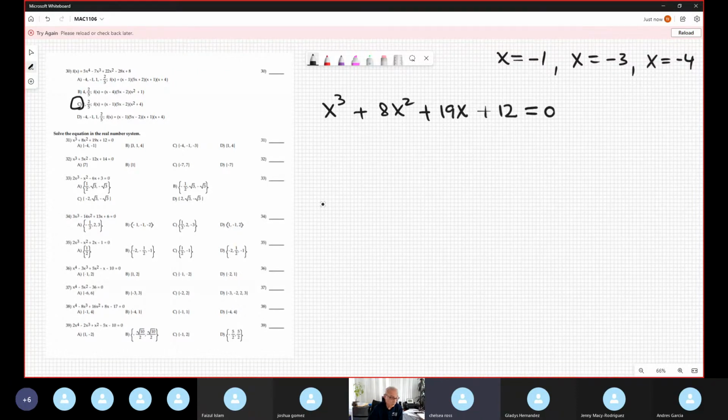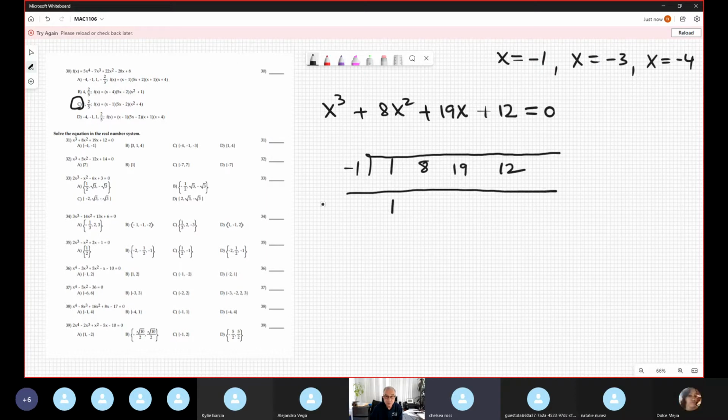By factorization it was impossible, but by synthetic division, yes. You copy 1, 8, 19, and 12. And you try either order. I try negative 1 on my paper. It's a 1, it's a negative 1, it's a 7, it's a negative 7, it's a 12, 19 minus 7, it's a minus 12, 0. Conclusion, x equal negative 1 is a 0. And the factor, which is not necessary in this question, is x plus 1.